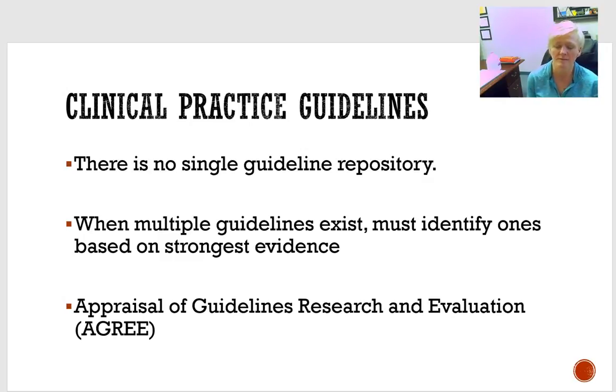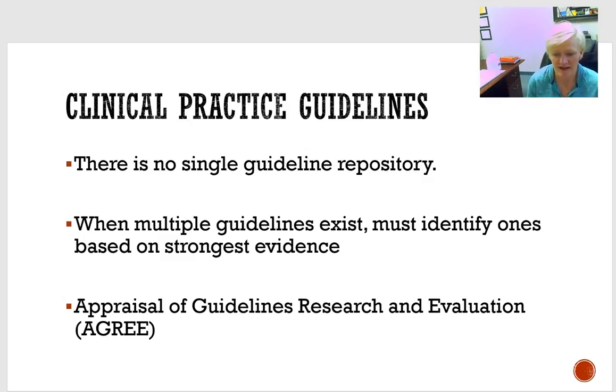And then sometimes there are multiple guidelines for a certain thing, so you have to look at those and identify which ones are the strongest. From the evidence, you need to be able to say, this study had this variable that affected the outcome, so I think this one's the stronger study. So there are different things like that you can look at.